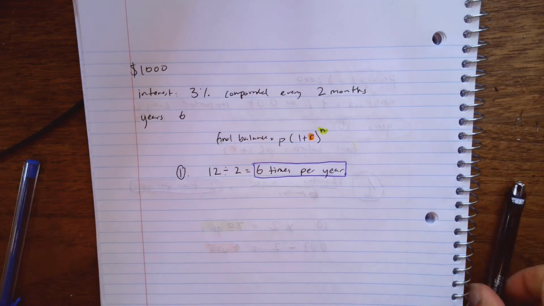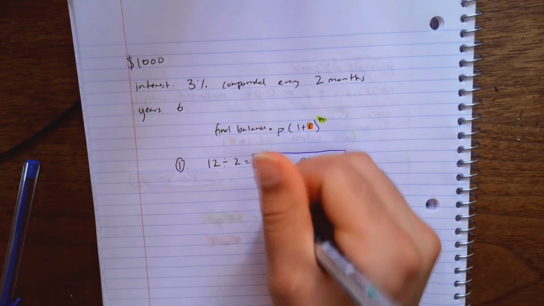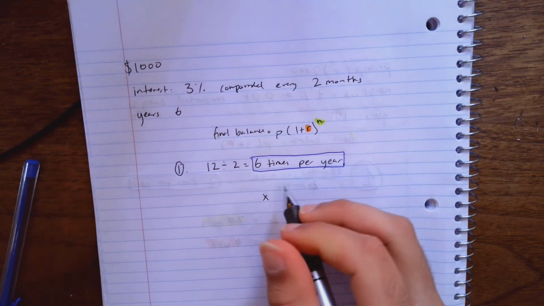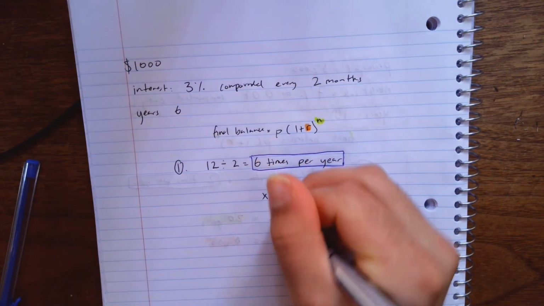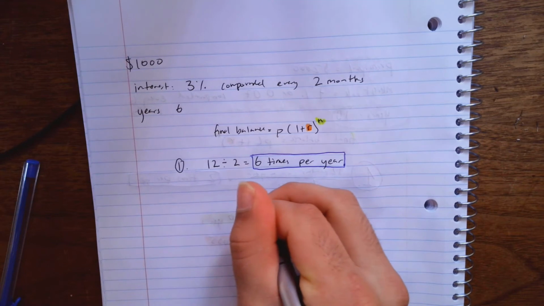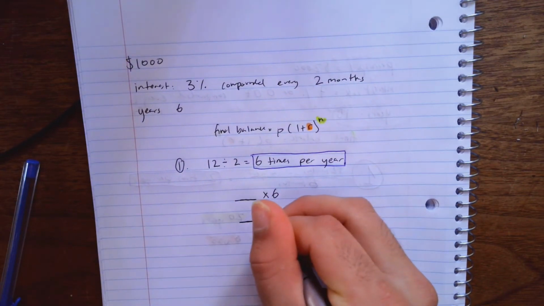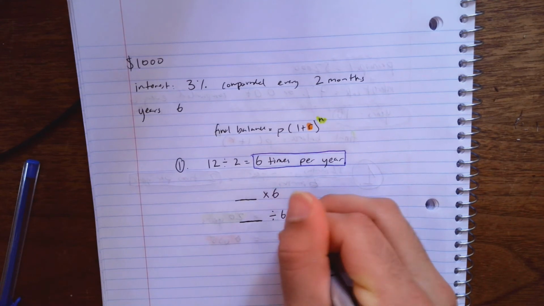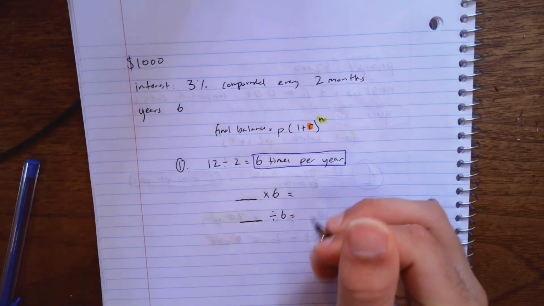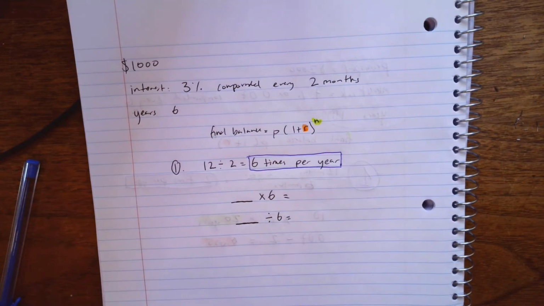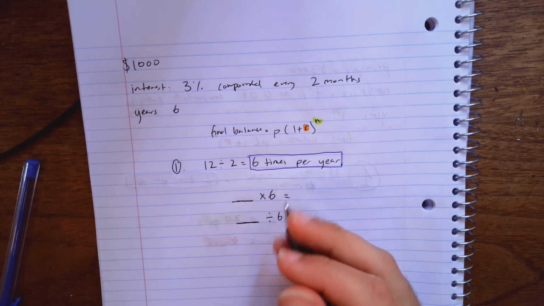Okay, so in the new strategy that I showed you, we're going to write times whatever number comes out of here. We can write a little blank here even, just so we know we have to put a number here. Blank times 6 and blank divided by 6. And remember, our trick is to divide the decimal. So, what's our decimal in this problem?